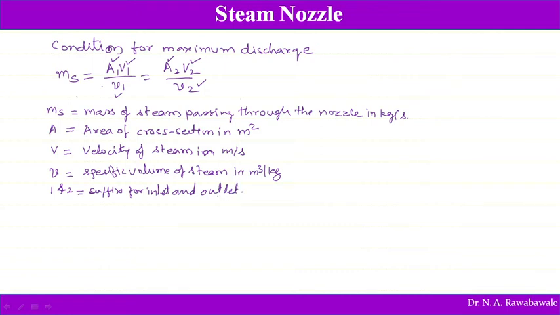So now what we can write here is mass flow rate of steam, ms, is equal to A2 V2 divided by small v2.